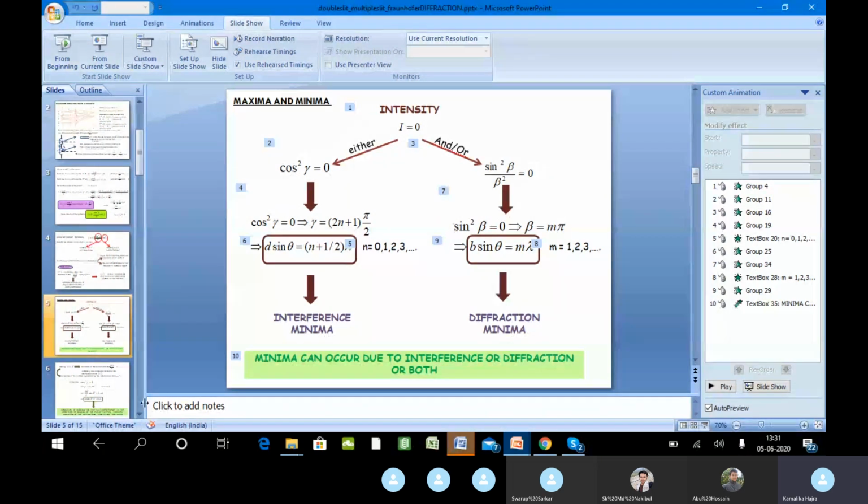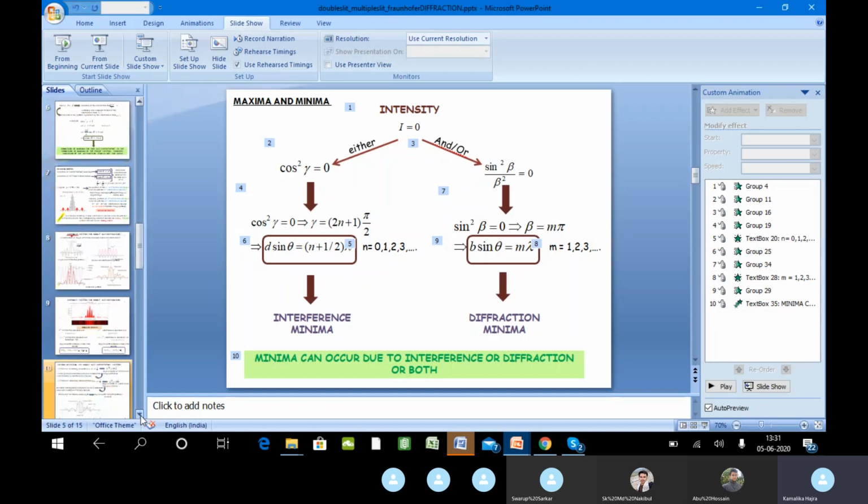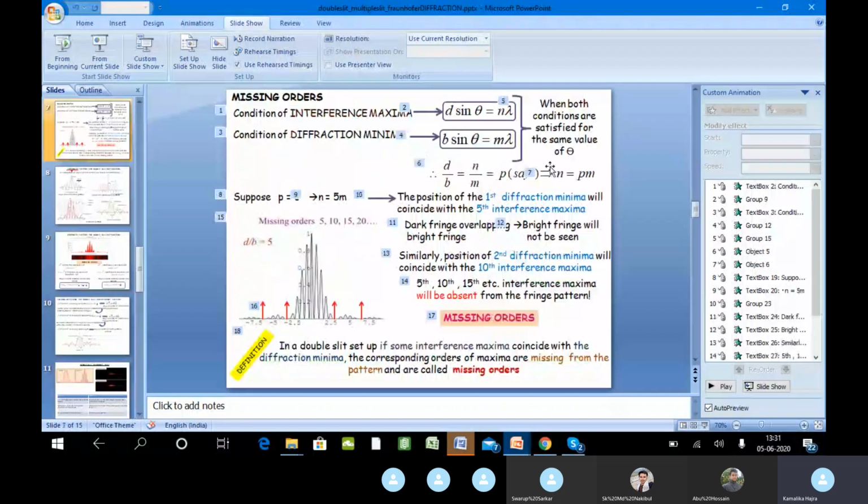Now, if the value of theta becomes such that by chance at the same position, again you have to realize that intensity can be 0 either if there is a diffraction minima or if there is an interference minima. It is the or condition and not the and condition.